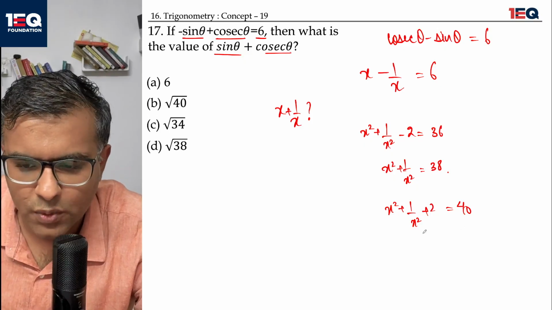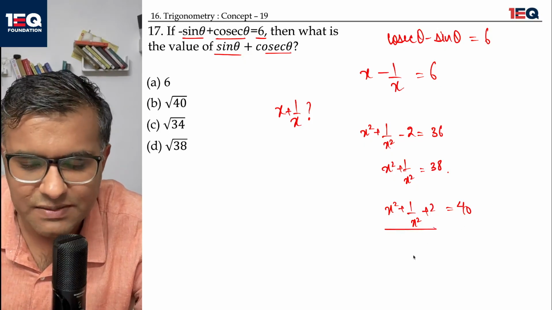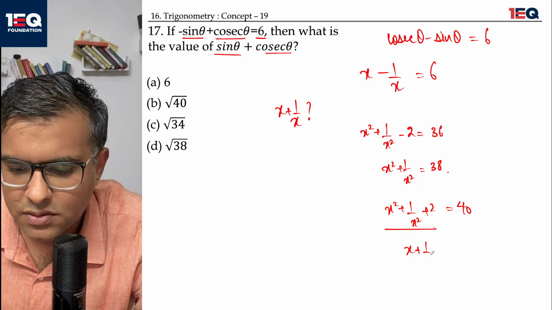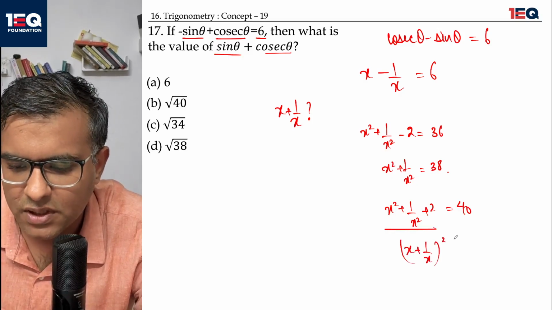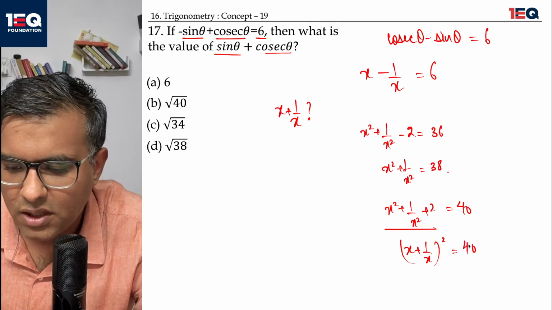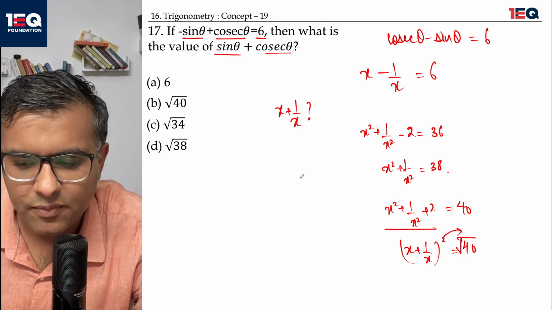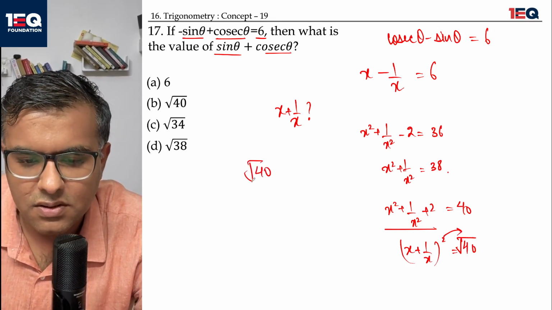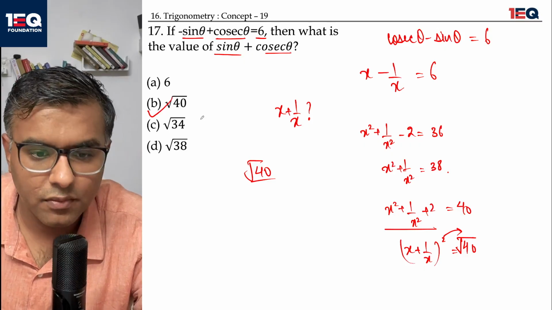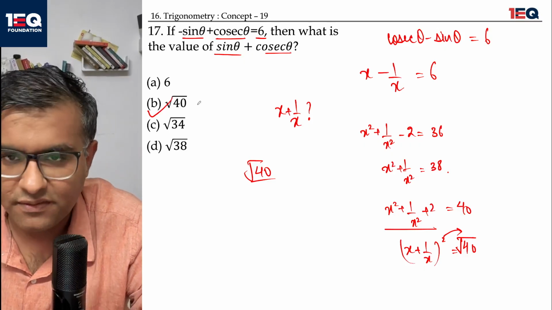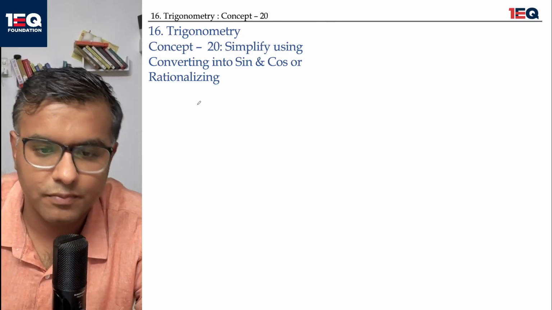This is essentially x plus 1 by x whole squared. So x plus 1 by x whole squared is equal to 40, and a root 40 here when this goes to the other side. So simply my answer is root 40. Okay, good enough. Let's move on.